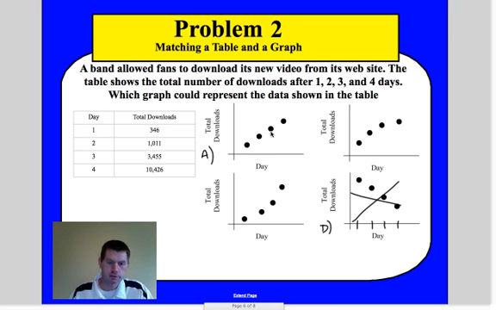There's a representation of a constant increase, which means from day 1 to day 2 there's the same amount of increase. Well, it looks like there's about, let's say, 700 downloads here. From here there's 2,000 different downloads. So therefore from here to here it's not constant. So therefore A can be thrown out because this is showing that there's the same increase each day.